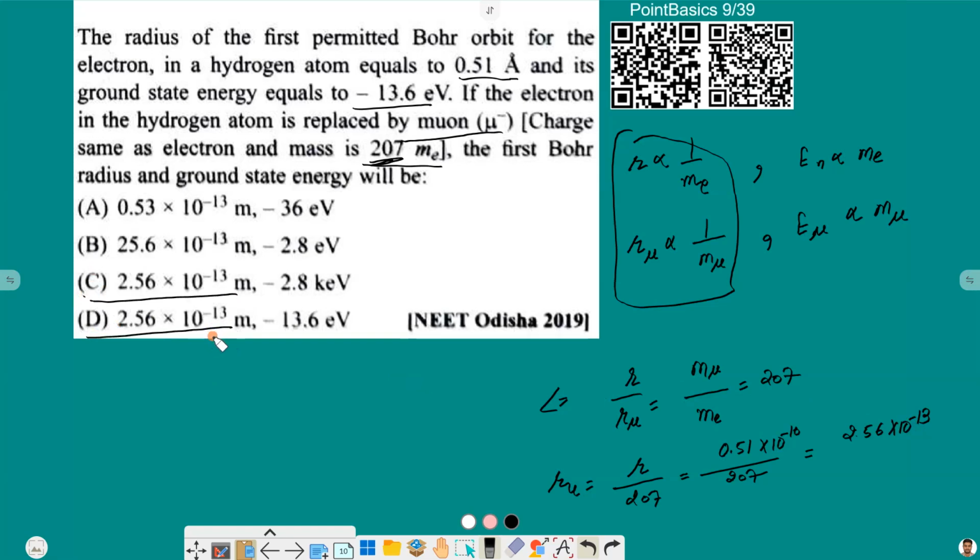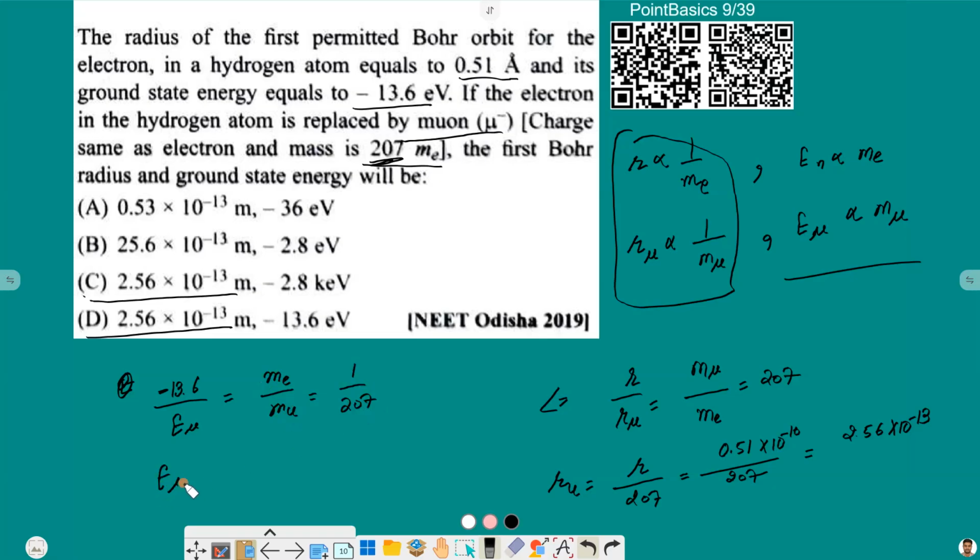Now moving to the energy part. Now we know that energy, if we divide these two, what will we get? Energy for the hydrogen atom normally, let us say minus 13.6, divided by the energy of the muonic atom, is equal to mass of electron by mass of muon, and this ratio will be equal to 1 by 207.